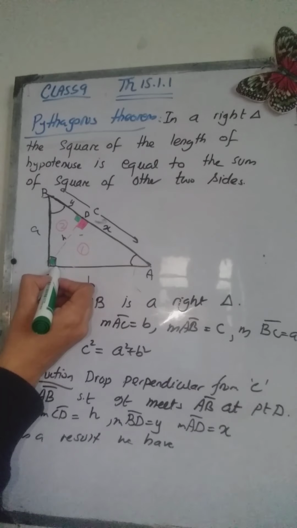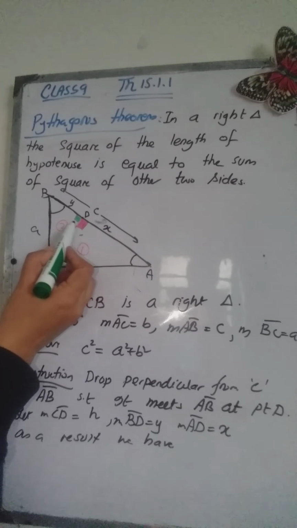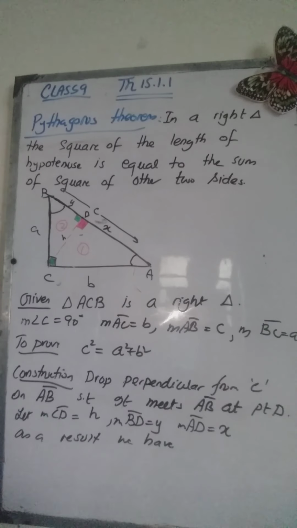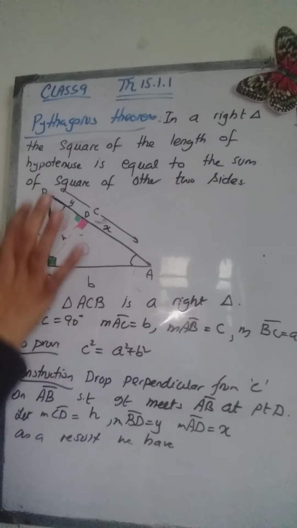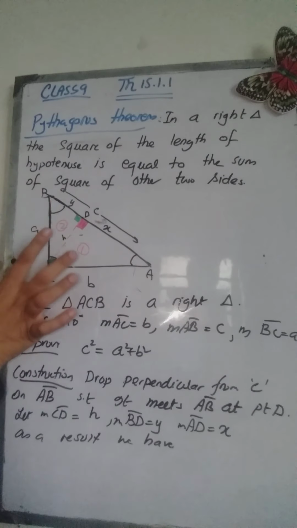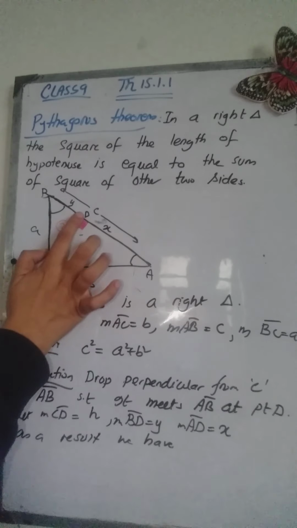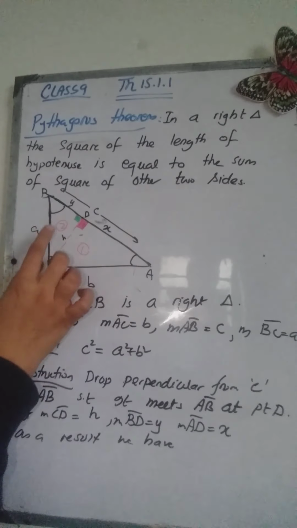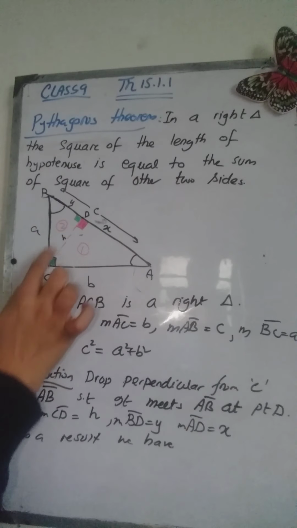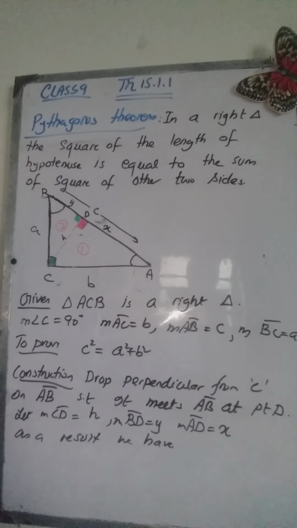This whole angle is 90, and over here, half plus half, both these angles are 90 degrees. So it means that we have three right triangles: triangle ACB, the bigger one, and two right triangles. One is CDA, and the other is BCD.